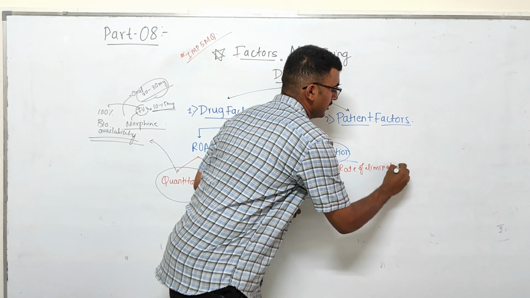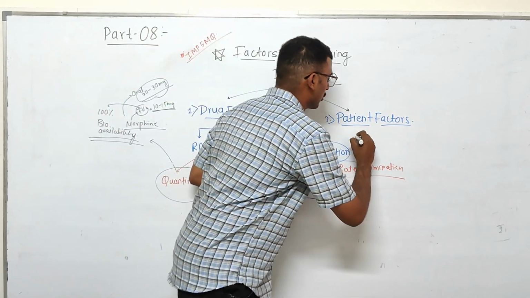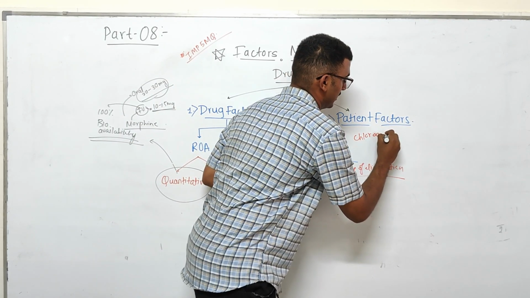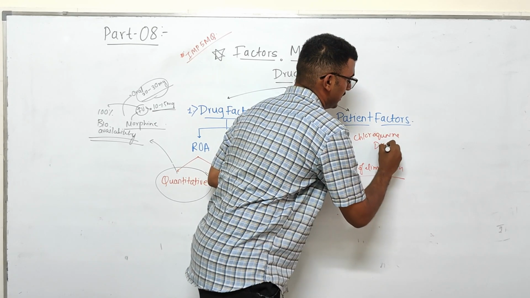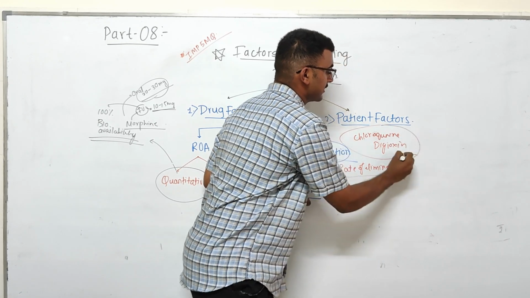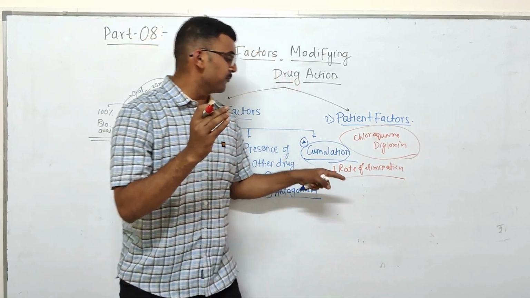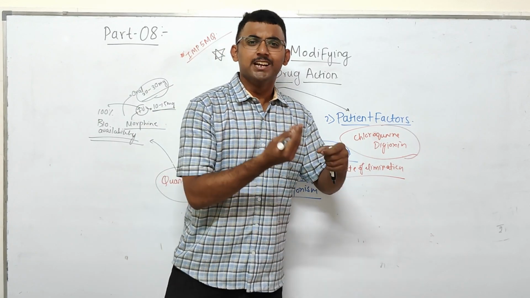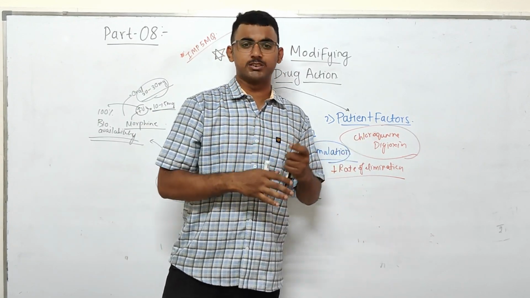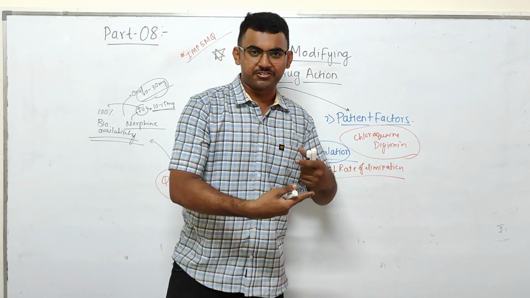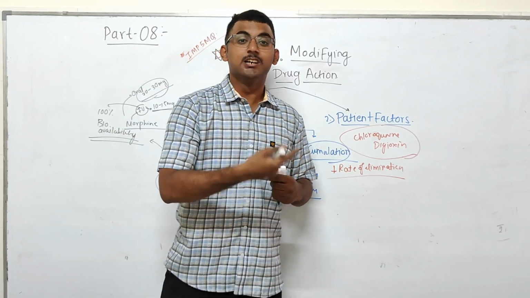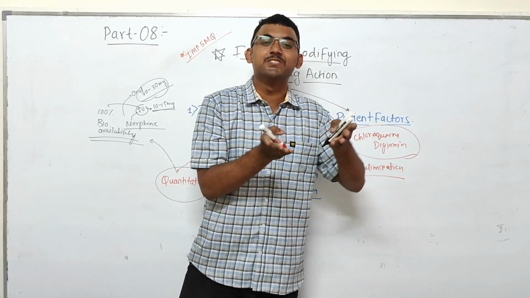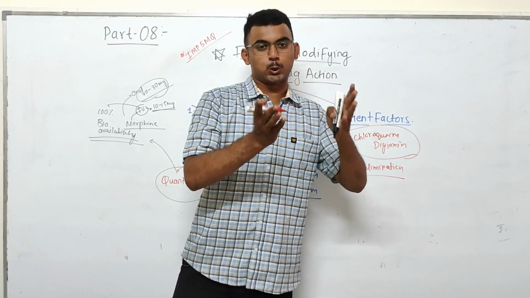For example, drugs like chloroquine and digoxin have comparatively lesser rate of elimination, so they get eliminated from the body in a very slow process. So if you are continuously or repeatedly administering these drugs, it can lead to accumulation of the drug in the body, and this accumulation can lead to drug toxicity.